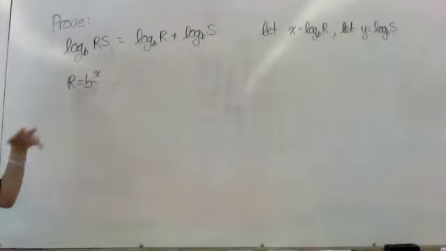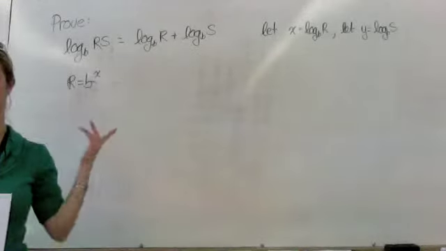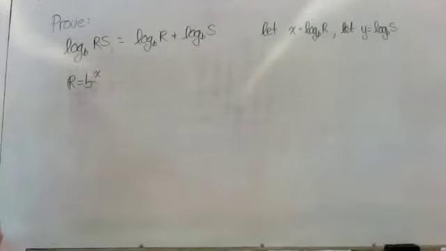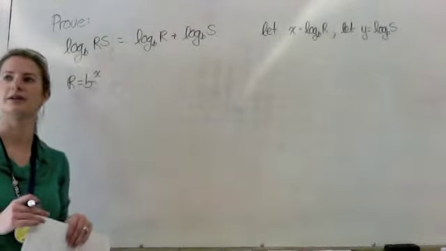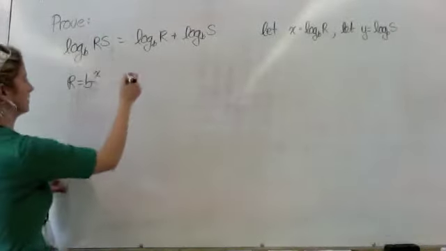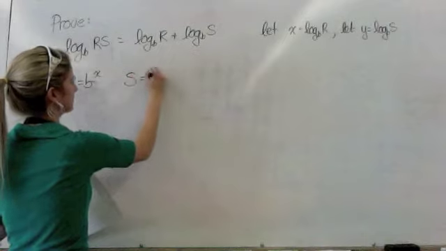I put r first, you'll see y in a second. And then how can I rewrite the other one, given what this one is? Yes, Aaron? Yes, very good. s equals b to the y.